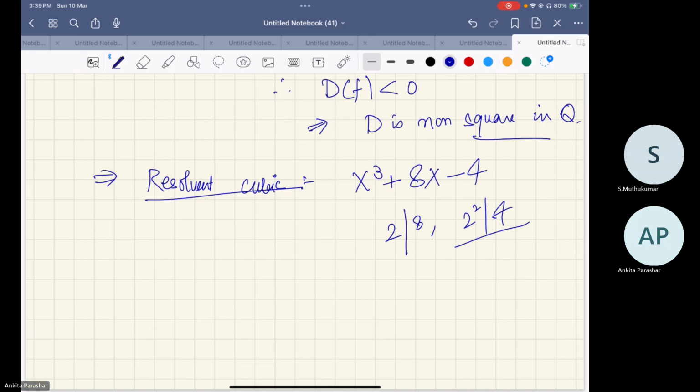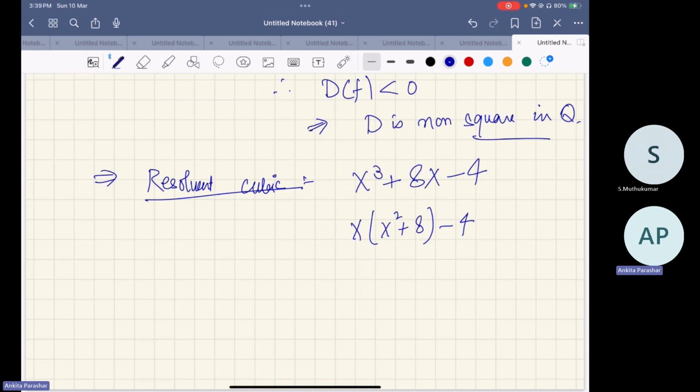For the first two terms you can take x common, x squared plus, but that should not give anything, I think. So shall we try the rational root test?